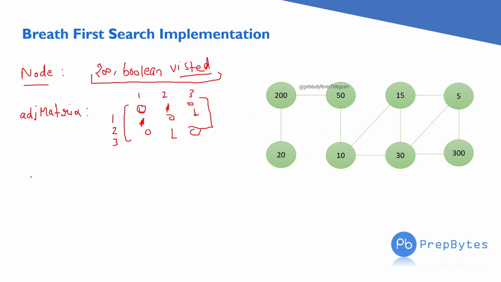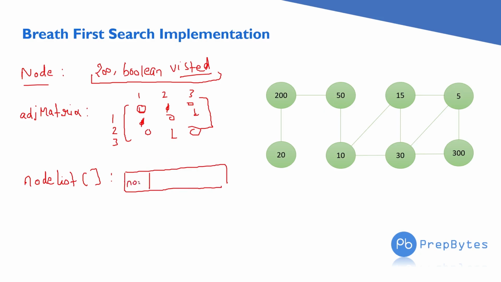Fine. Next we have a node list. This will be an array containing the nodes. And remember, each node will contain a data and a visited value. The reason to have a node list is that each node can now be represented using an index. Since this is an array containing the nodes, each node will be represented using an index.